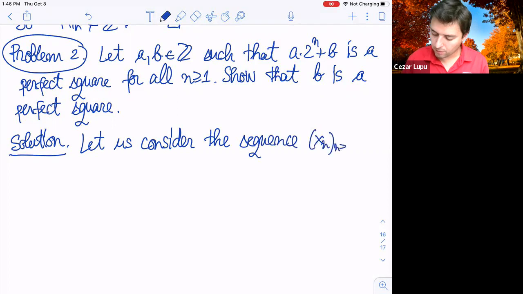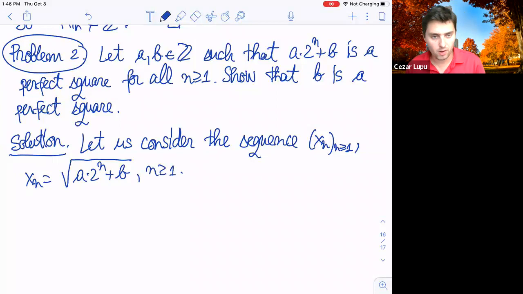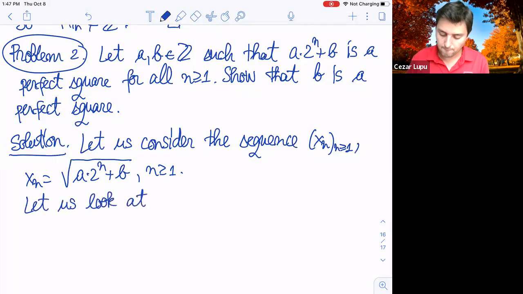x_n, n greater or equal than 1, and x_n is the square root of A to the power 2n plus B, right? And now I'm going to do the following trick. Let's look at this guy here: 2x_n minus x_{n+2}.